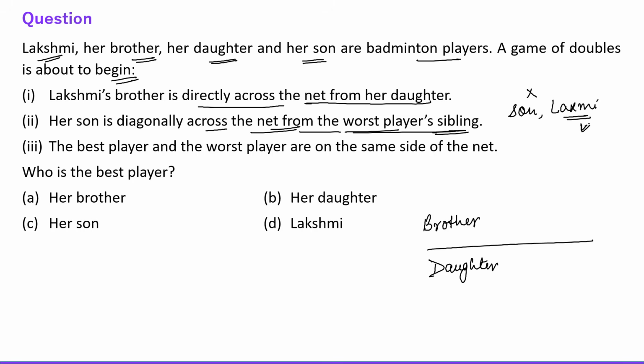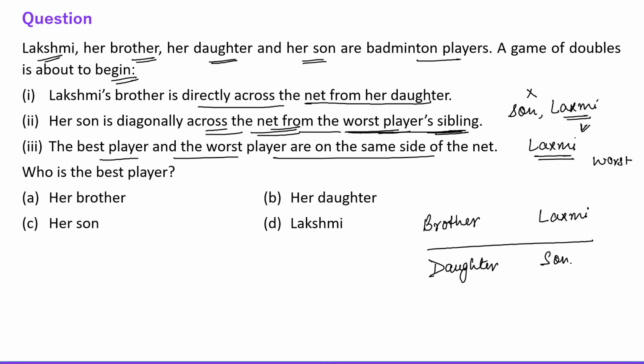But since her son is diagonally across the net from the worst player's sibling, it means Lakshmi is the worst player. The best player and the worst player are on the same side. So if Lakshmi is the worst player, then obviously Lakshmi's brother will be the best player.